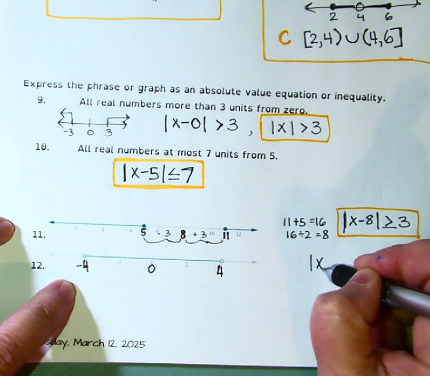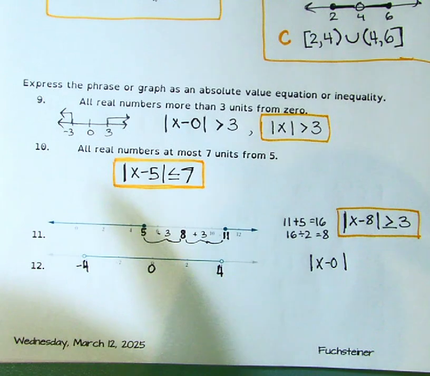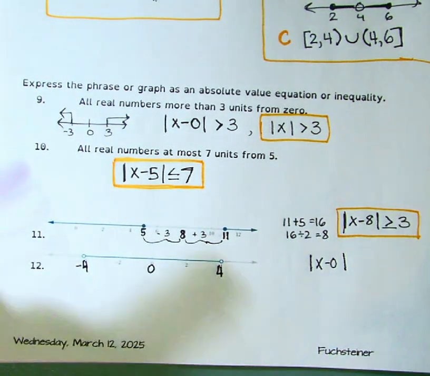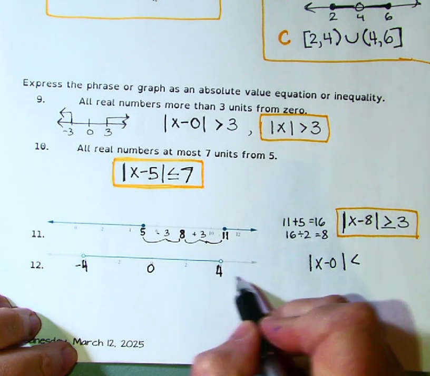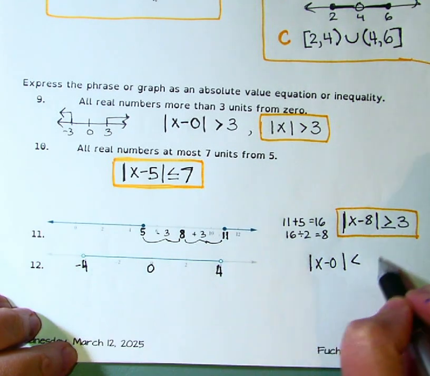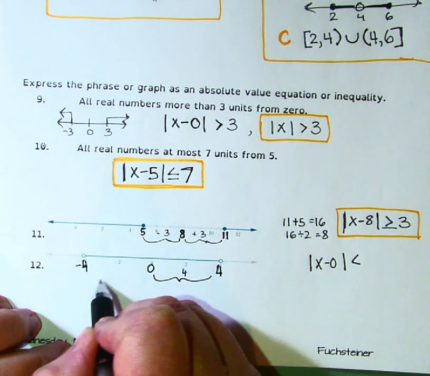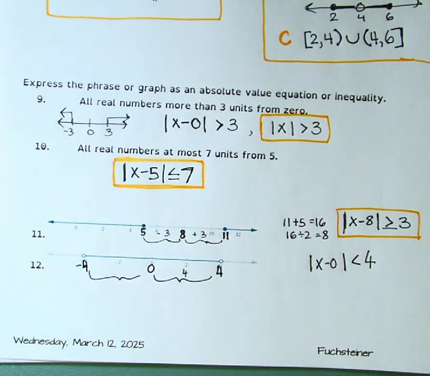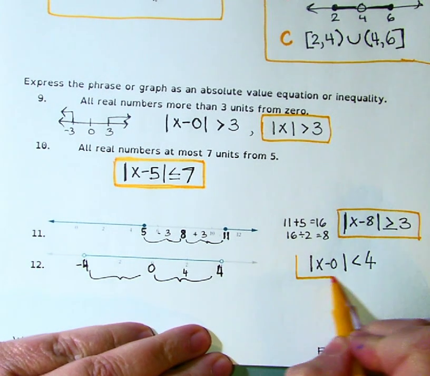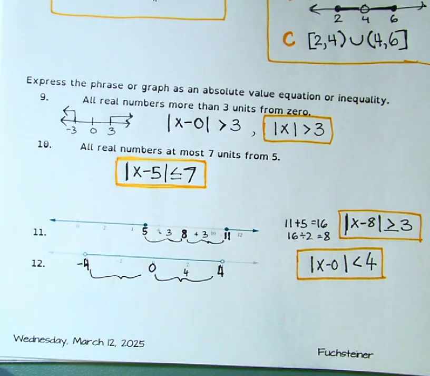So this is the absolute value of x minus 0. And instead of getting greater and giving us wings, we are bounded, and so we are less than. Because these are not filled in, we will not be using an equal to. And we'll be talking about this distance, which is 4. Absolute value of x minus 0 is less than 4.